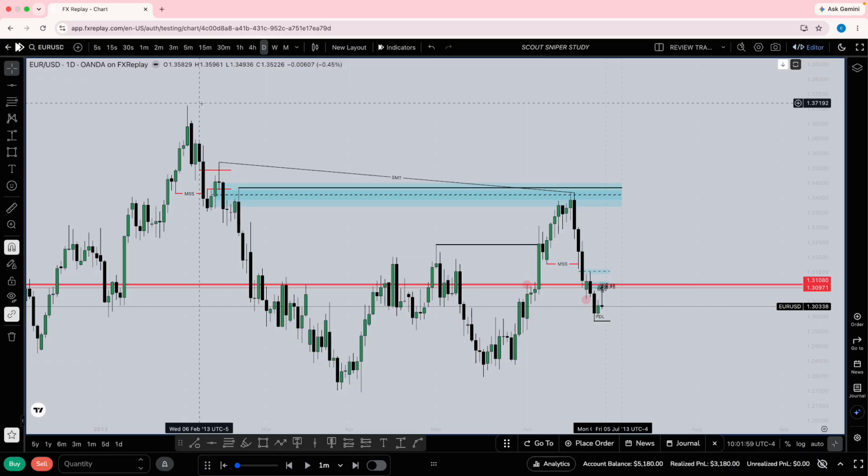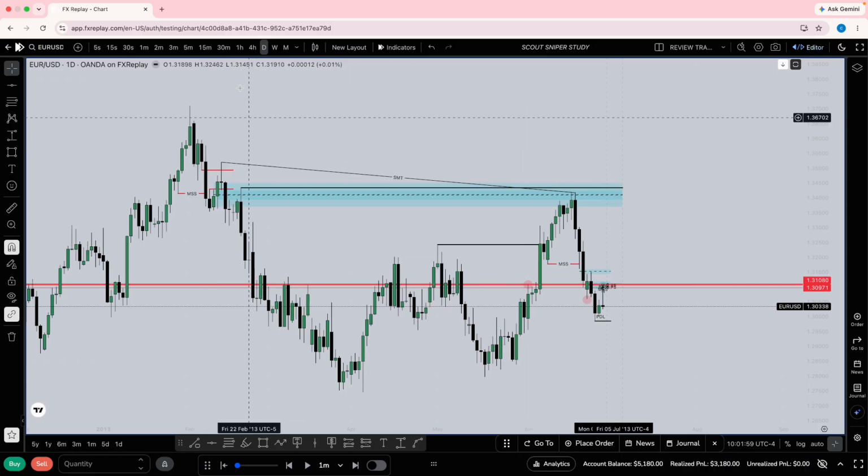Let's get to it. All right, so right here we're looking at a daily chart on Euro USD, right? And we're going to go over some basics of higher time frame equilibrium, premium, and discount.